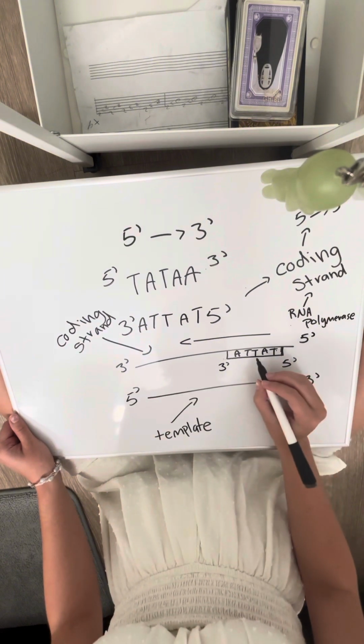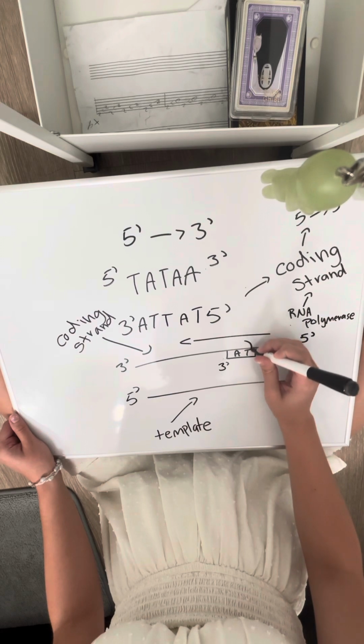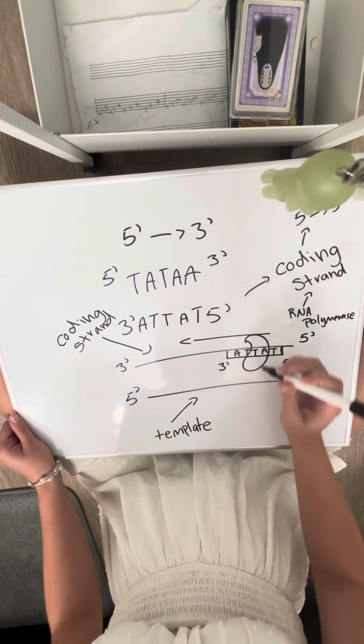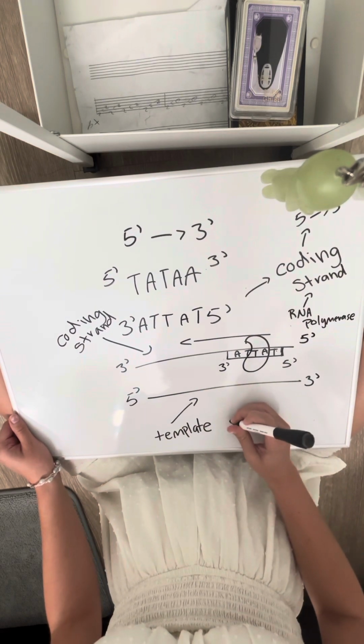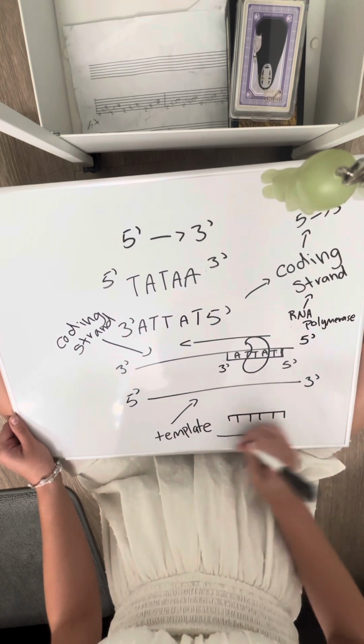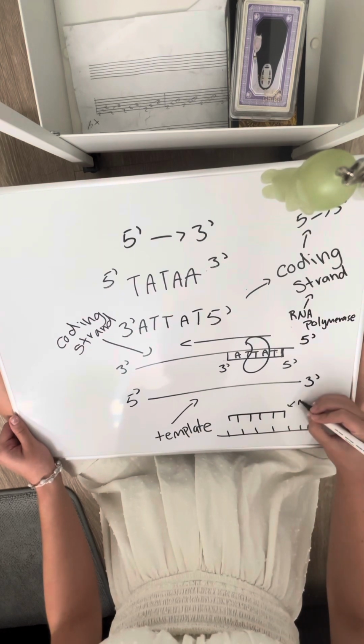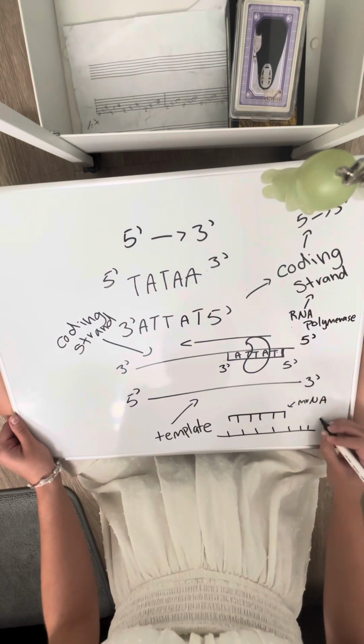Now, as you know, the TATA box is where the RNA polymerase attaches to. I will draw it like so. The template strand is where the mRNA will be made. This is the mRNA, and this is the template strand.